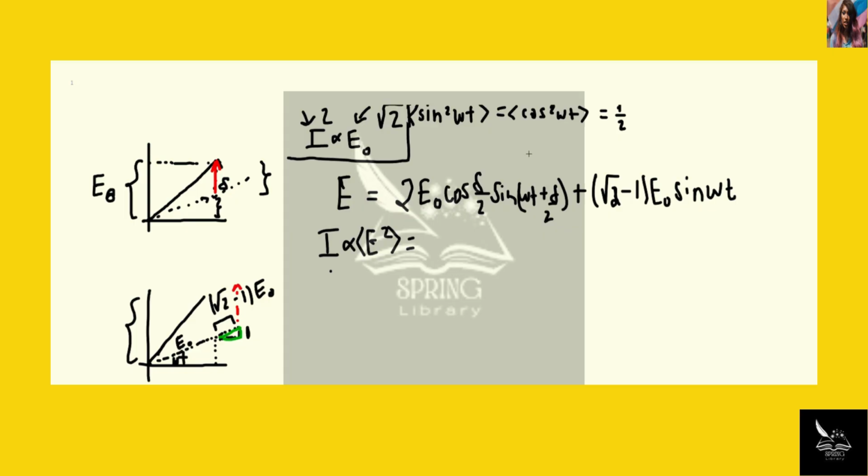Google how to do it. I think it would make this video extremely long if I did it out for you. It's very commonly found on the internet, and you can probably convince yourself too. And then the average of cosine omega t sine omega t is equal to 0. Again, just Google it.